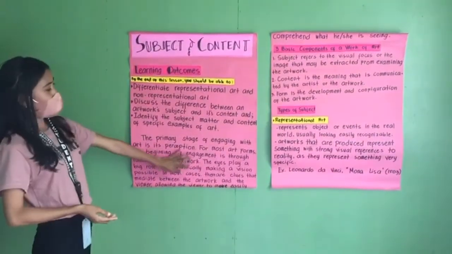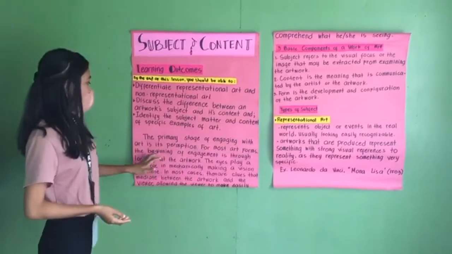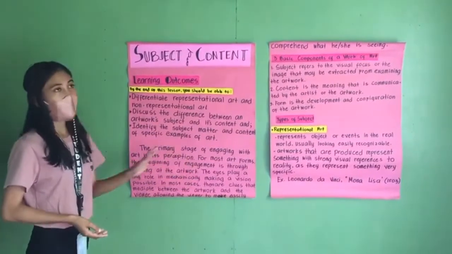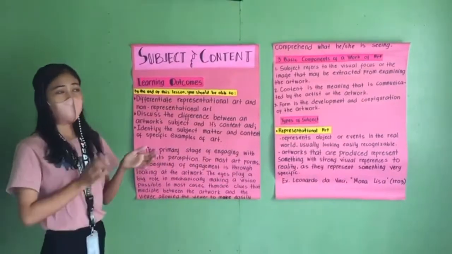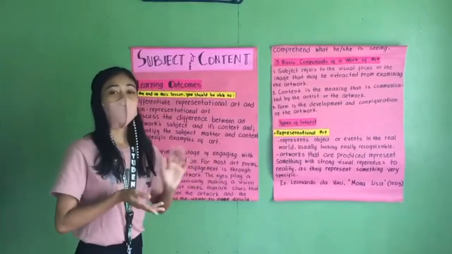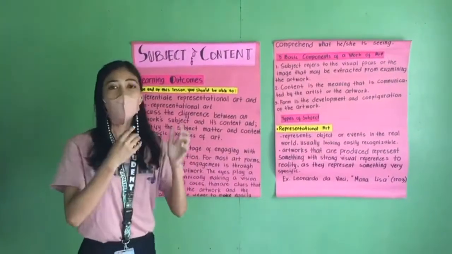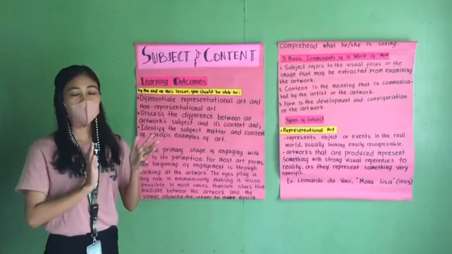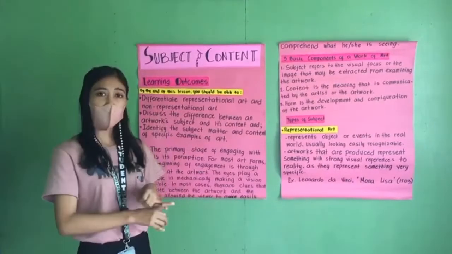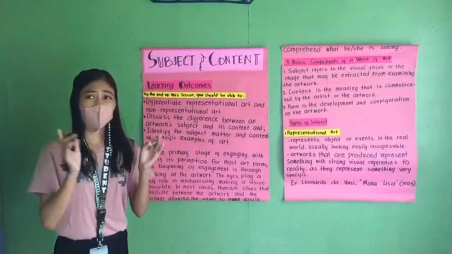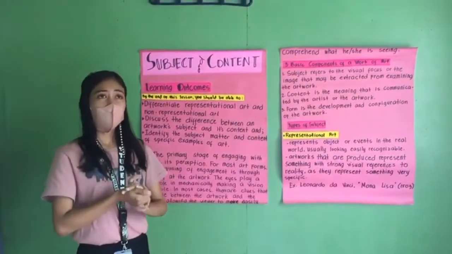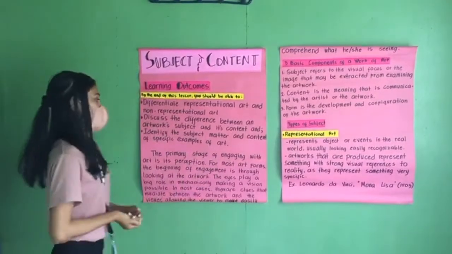So here, the primary stage of engaging with art is its perception. When we say perception, it is the ability to see, to hear, and to be aware of something through the senses. When we say senses, it is the sense of smell, the sense of touch, the sense of taste, and so on.